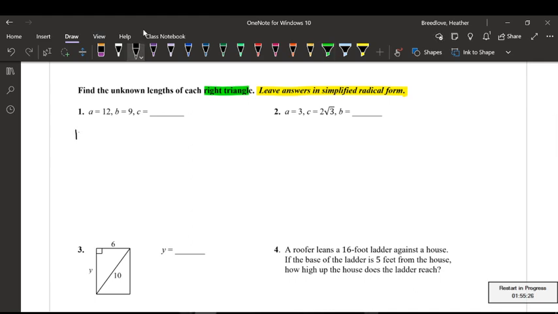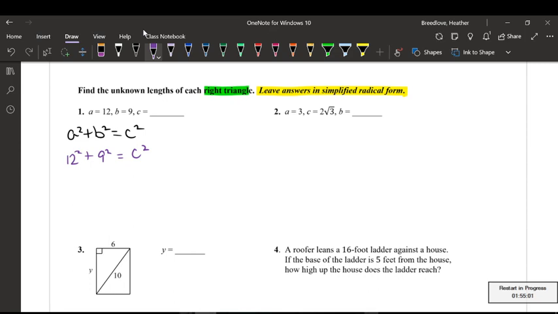So I'm going to write it out: a squared plus b squared equals c squared. We know that a is 12, so it's 12 squared plus b squared, and we know that b is 9, so plus 9 squared equals c squared.